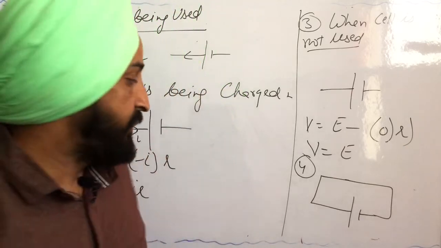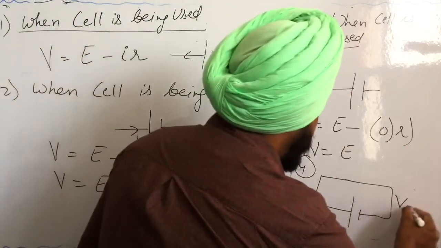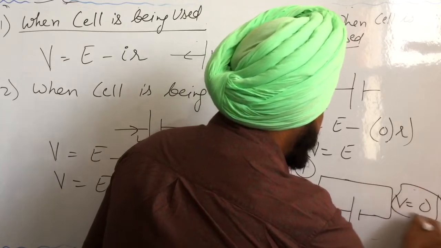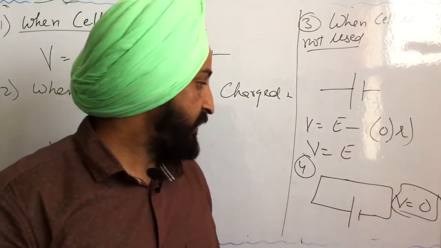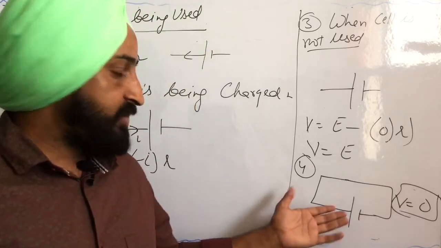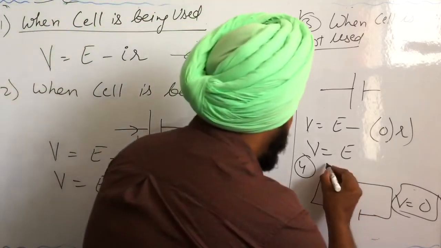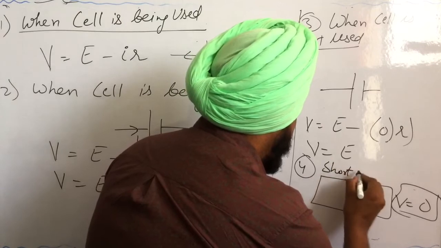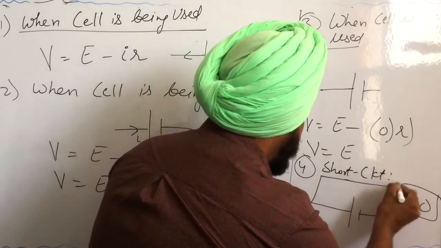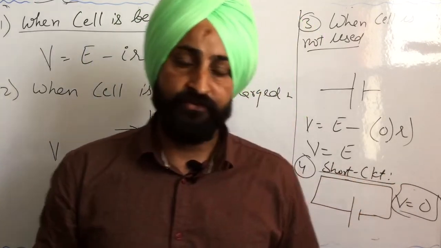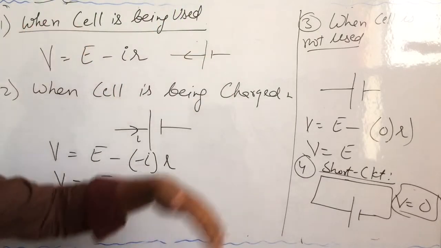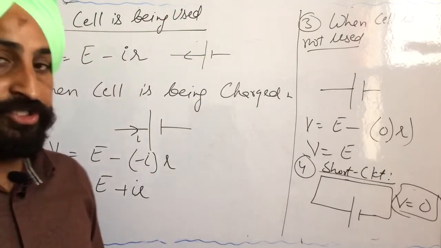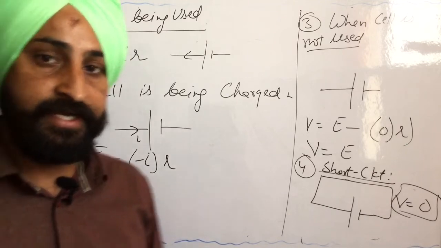In this way, the net electric potential of this battery would become 0. So this is another case that you can keep in your mind, that when we are short circuiting the battery, our electric potential would become 0. So these are the 4 different cases regarding the relationship between electric potential and EMF.